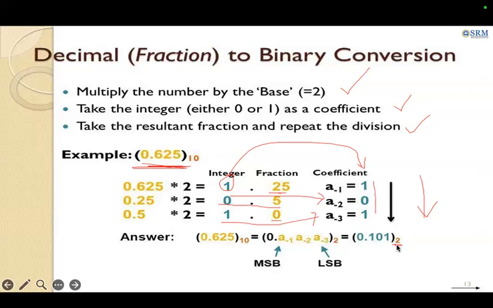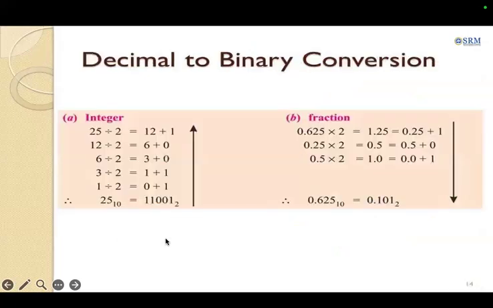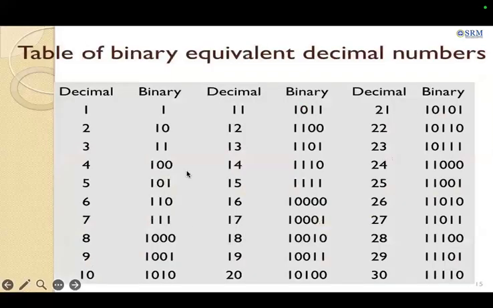This is converting a decimal fraction into binary. The same example is given here, along with the equivalent binary numbers for the important decimal numbers from 1 to 10. They are already converted, so if you remember them, it may be useful for saving time.